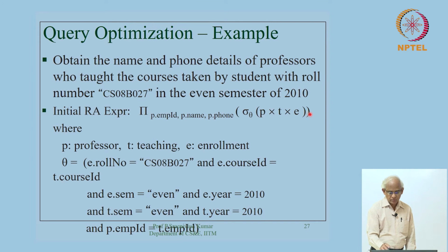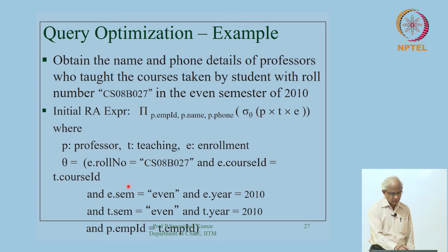You know that this is equivalent to the SQL query: Pi p.employeeID, p.name, p.phone, sigma theta, p cross t cross e, right. There are three relations involved in the from clause, so p cross t cross e. What is theta?